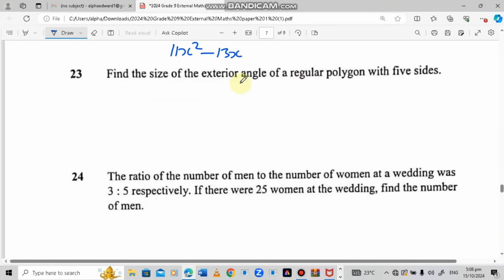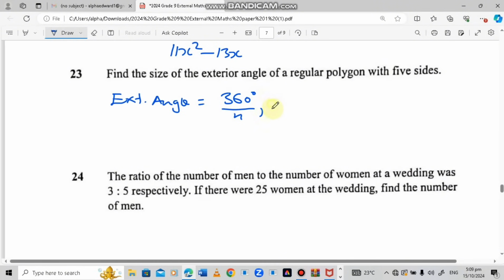Question 23. Find the size of the exterior angle of a regular polygon with 5 sides. You need to know that for you to find the exterior angle of a regular polygon, you need to use the formula: exterior angle is equal to 360 degrees divided by n, where n is the number of sides.